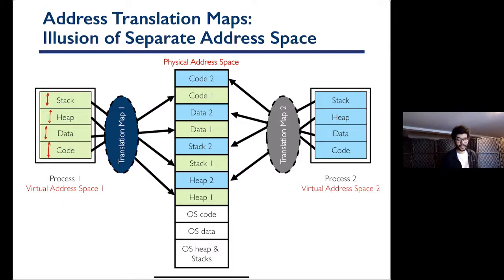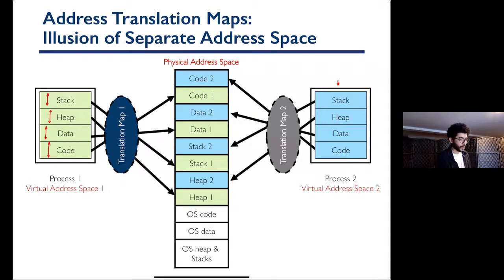And each process has its own segments. Like here, process 2 has its own segments. Now, the operating system, when it's running these processes, maps each segment of each process's address space to a region in physical memory.